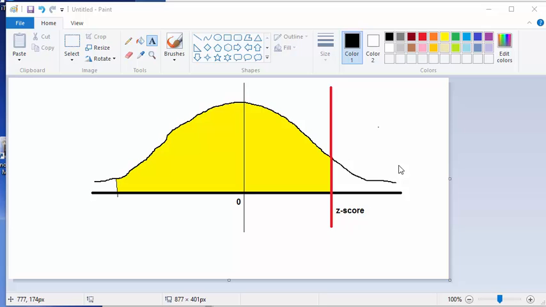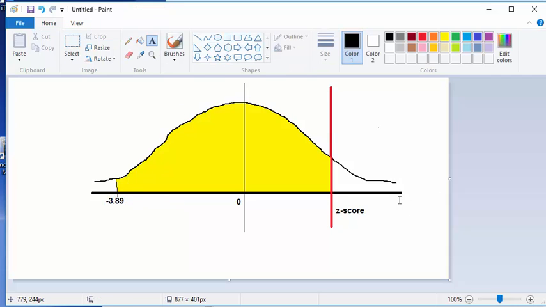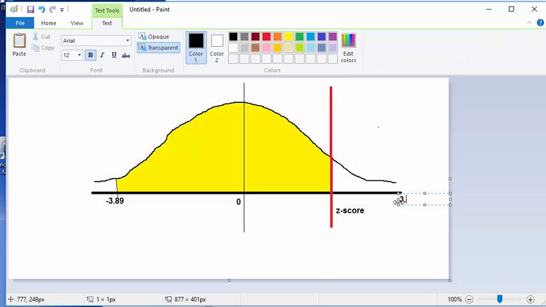What are the z-scores? The z-scores are the numbers that lie on the x-axis. They start off at negative 3.89 on the left and go up to positive 3.89 on the right.